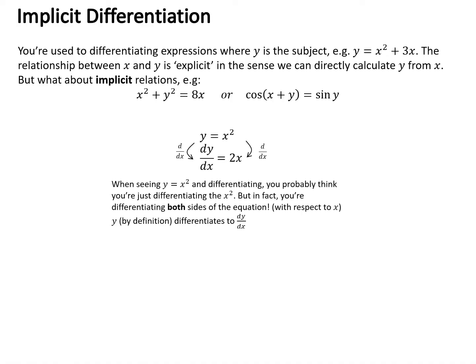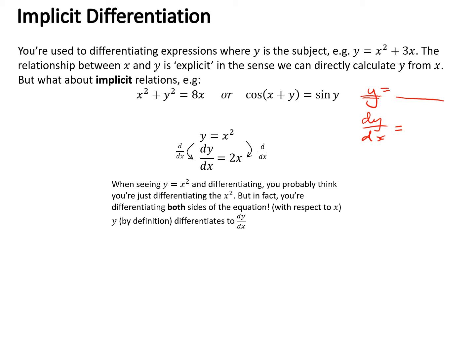Usually, you're used to differentiating things like y equals whatever, and then you say dy by dx equals whatever that thing is differentiated. You're used to what's known as explicit differentiation, explicit functions.